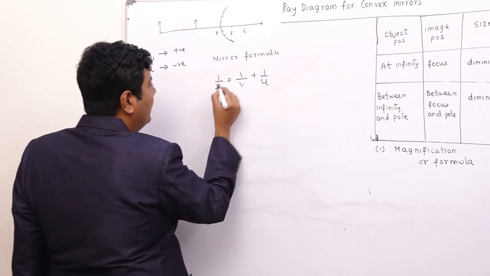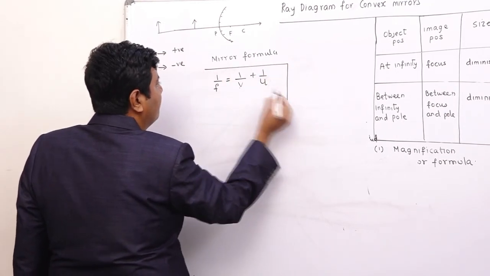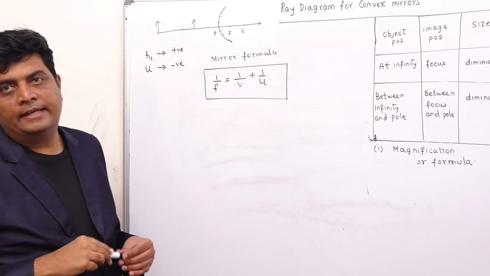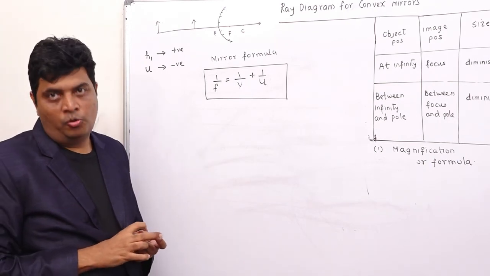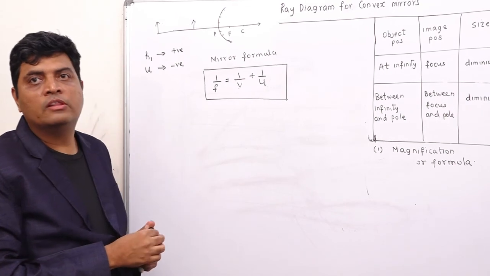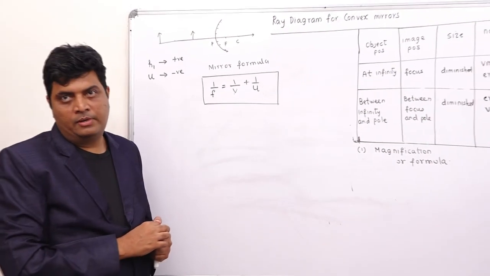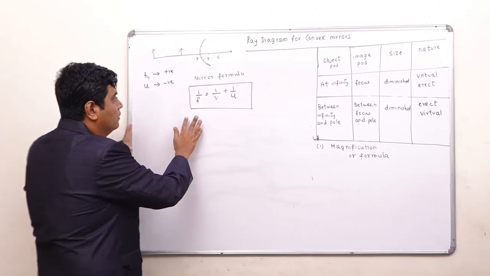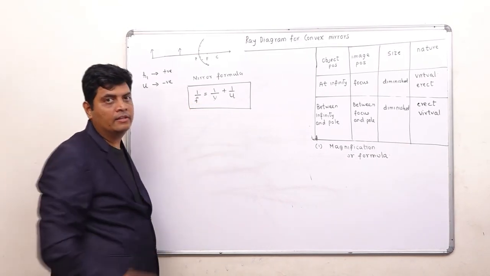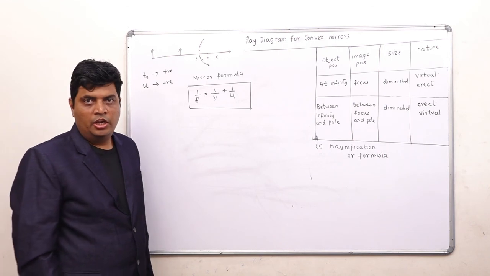But v, u and f will be with sign conventions. You have to put them with sign. Using the mirror formula, we will be able to solve the sums of this chapter. Okay? So please thoroughly remember this mirror formula and try to understand the concept of magnification.